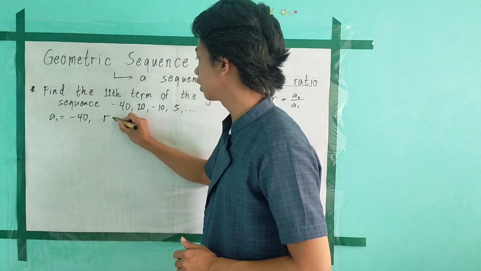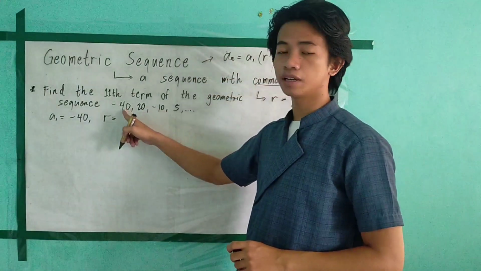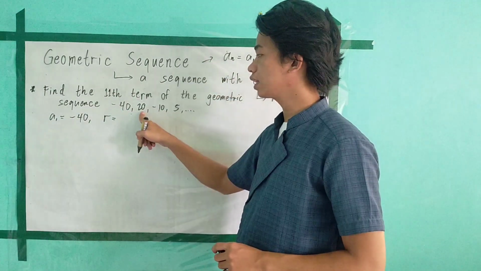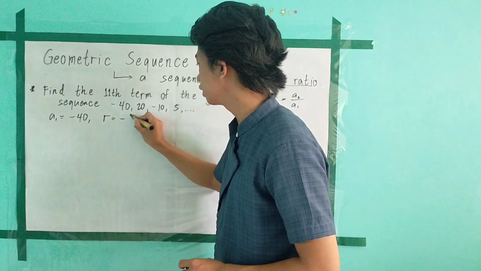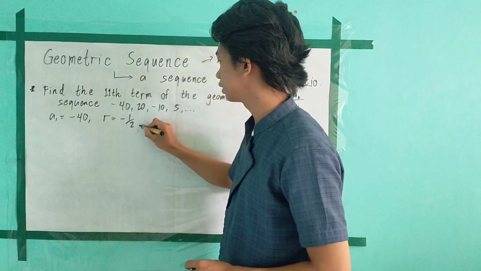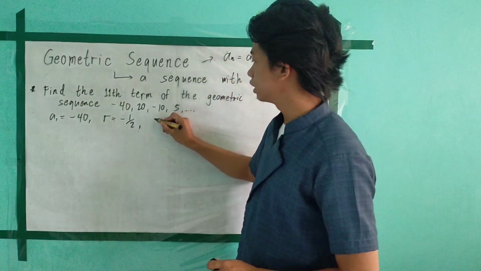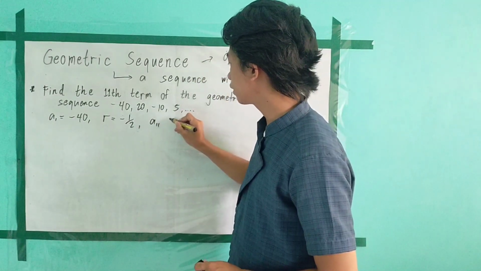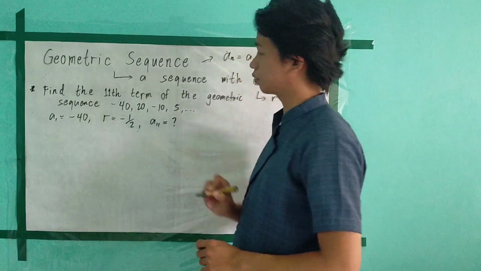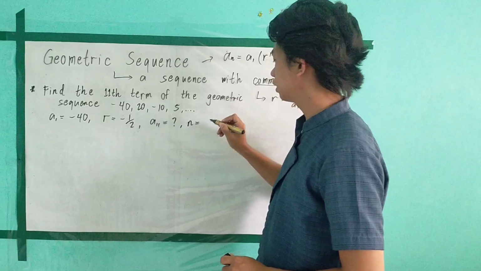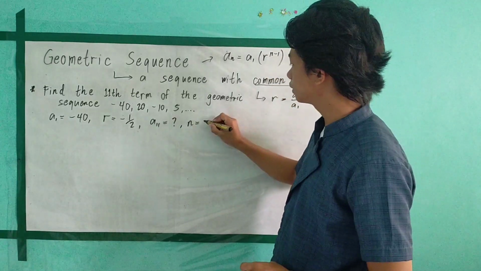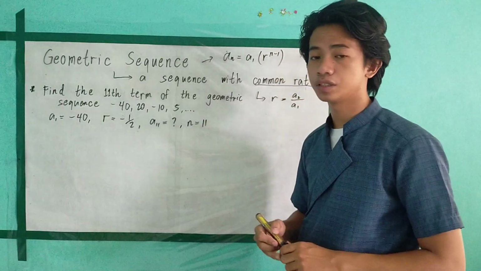Our common ratio is equal to A sub 2 divided by A sub 1, 20 divided by negative 40, we have negative 1/2. Since we are looking for A sub 11 or the 11th term, so i-question mark na muna natin yan. Next, the number of terms is equal to 11.